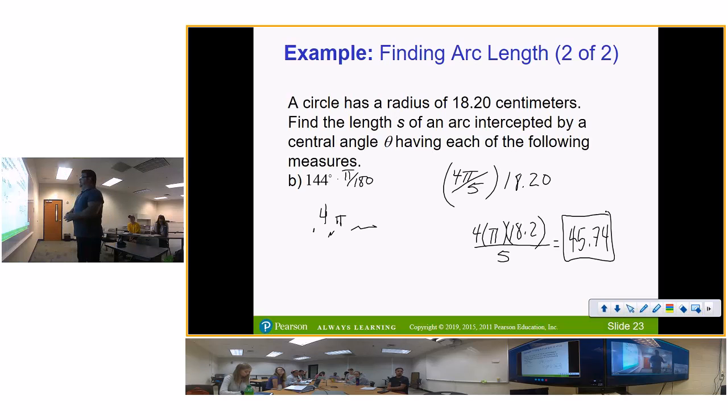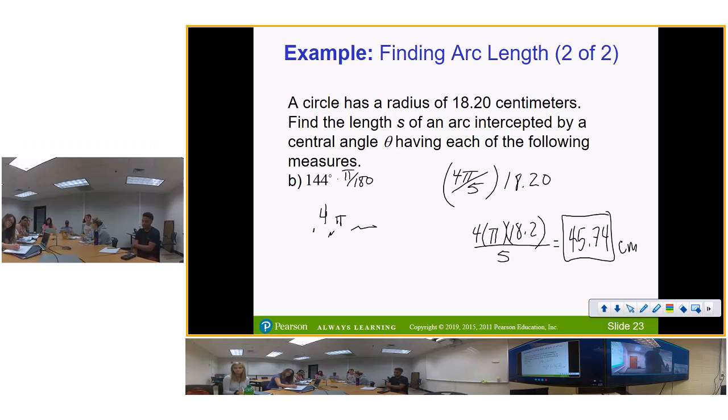Now, don't forget, it's a unit of measurement. Do I care? No. Will there be some science teacher that will mark your problem wrong because you didn't put centimeters on it? Yes. Make sure you write centimeters down there.